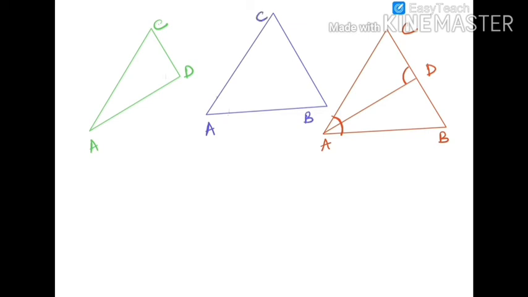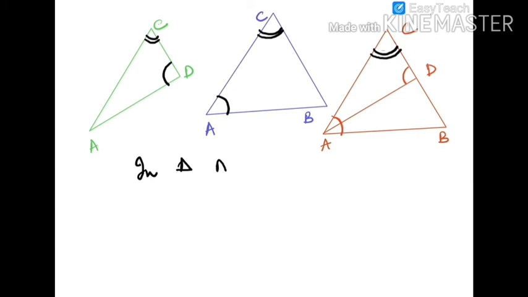We are given in the question that angle CAB is equal to angle ADC. And from the main figure we can see that angle C is a common angle in these two triangles. So now we have two corresponding angles in these two triangles equal. So these two triangles are similar by angle.